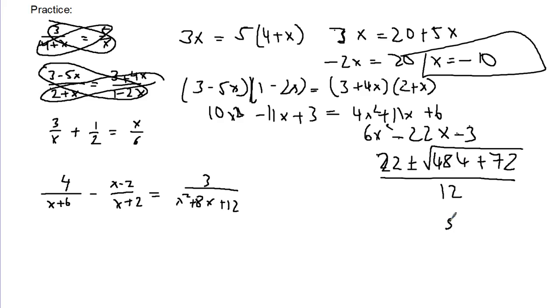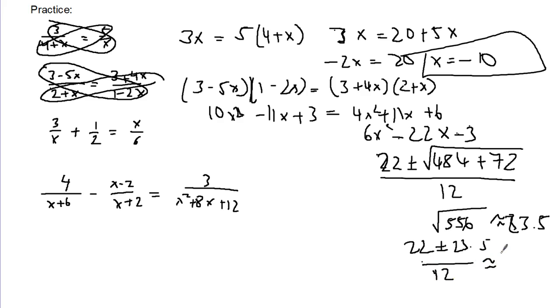So the square root of 556 is roughly 23.5. So let's replace that with 23.5. So 22 plus or minus 23.5 over 12, which will give you roughly 3.7 or negative 0.1.